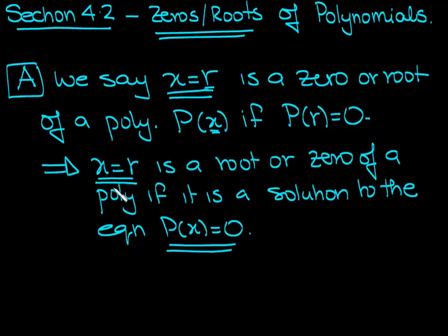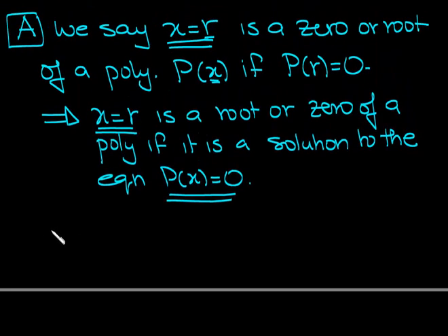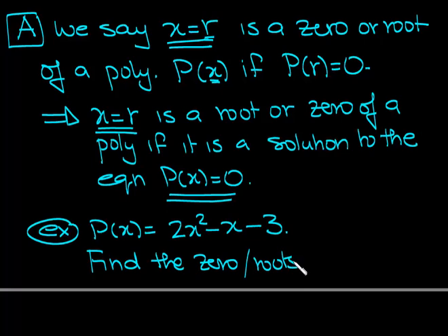So let's take a look at how we can use it. Let's say I give you a very simple polynomial, p of x is equal to 2x squared minus x minus 3, and I ask you to find the zeros or roots of p of x.